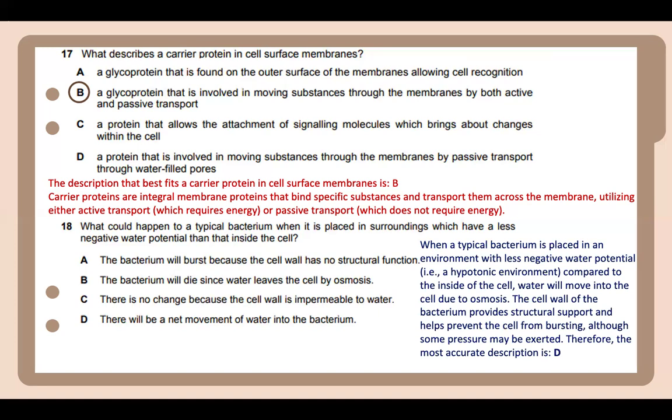The cell wall of the bacterium provides structural support and helps prevent the cell from bursting, although some pressure may be exerted. Therefore, the most accurate description is there will be a net movement of water into the bacterium.